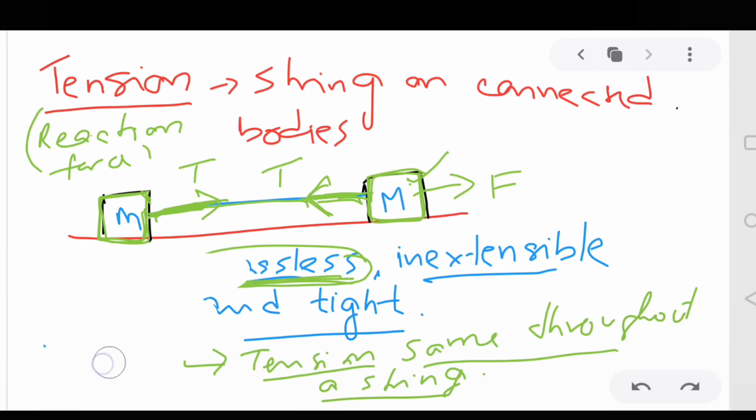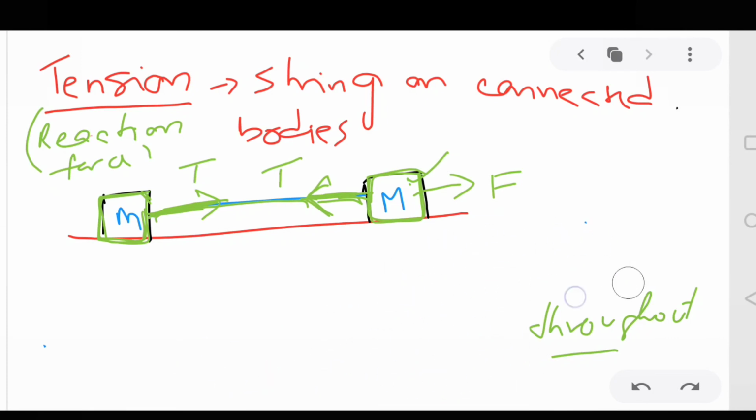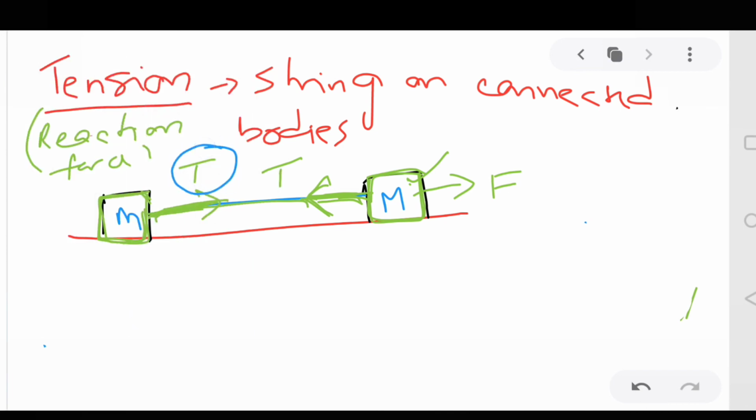Now consider the block of mass small m. Assuming that both the blocks are moving with the same acceleration a, tension T is causing acceleration a on mass small m. So T is equal to small m into a.